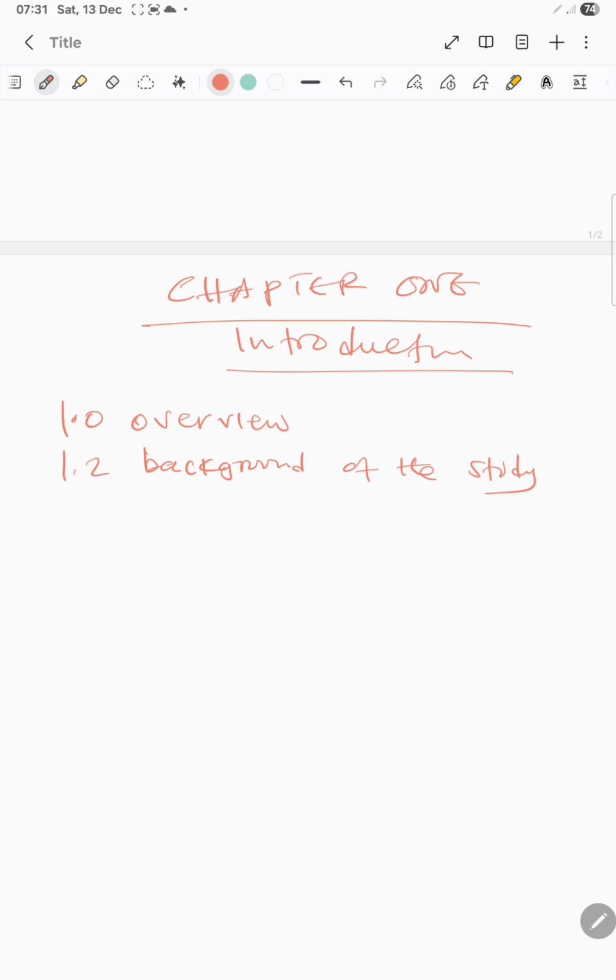Now, as you are writing your background of the study, you should acknowledge authors, starting with those that have written on the same topic at global level. So you recognize them from global level. Then after global level, you come to continental level.